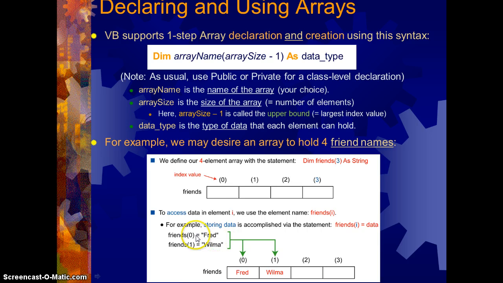You say Fred equals friends 0th element. And Wilma, you can enter that as the second element, or the element with the index 1. Wilma equals friends 1. Okay? So you use this in general.